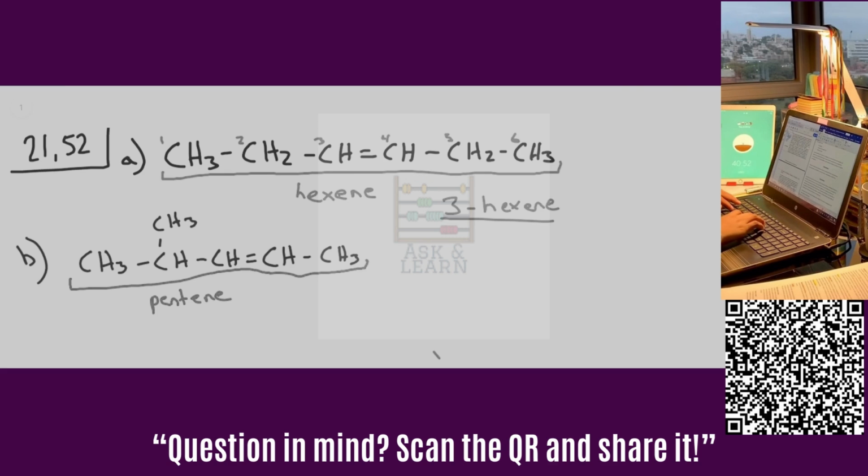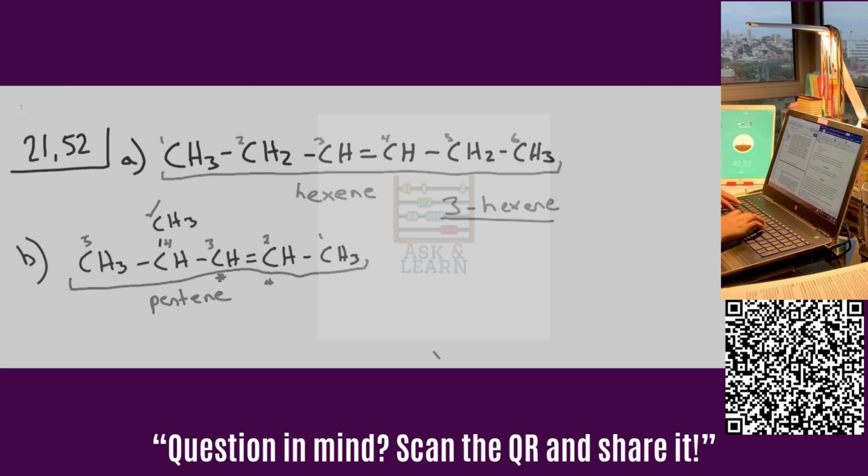And we can see that if we number from left to right, our double bond would be starting here at position 3. But if we number from right to left, it will be here at position 2. So that's the direction that we want to number in, to reduce that number. So we number there, and then we recognize that we have a methyl group here.